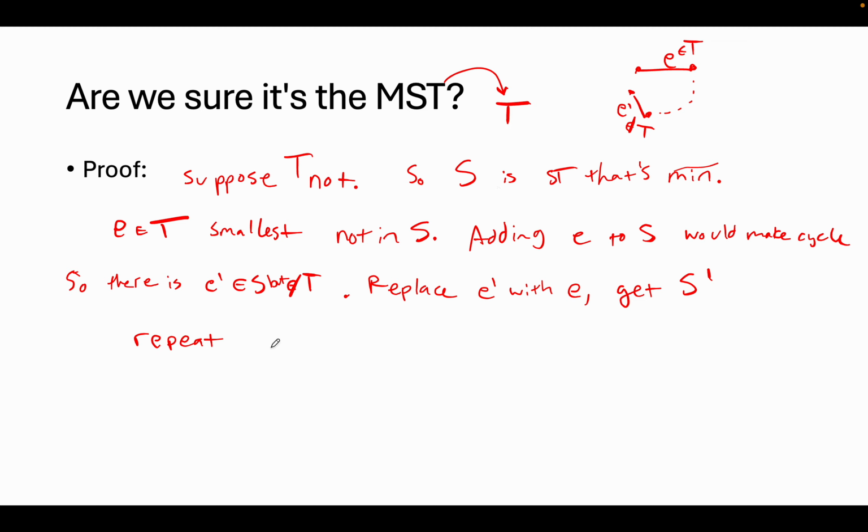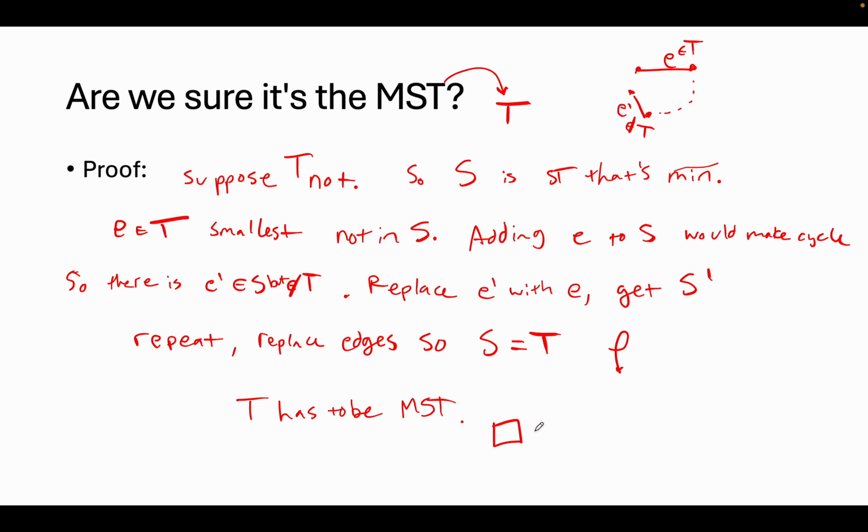So repeat, replace edges, so S ends up equaling T. And because of that, we supposed that T was not the minimum spanning tree, and so that is our contradiction. And so we get to the point where we say T has to be a minimum spanning tree. So that's our reasoning for why indeed these algorithms give us the minimum.